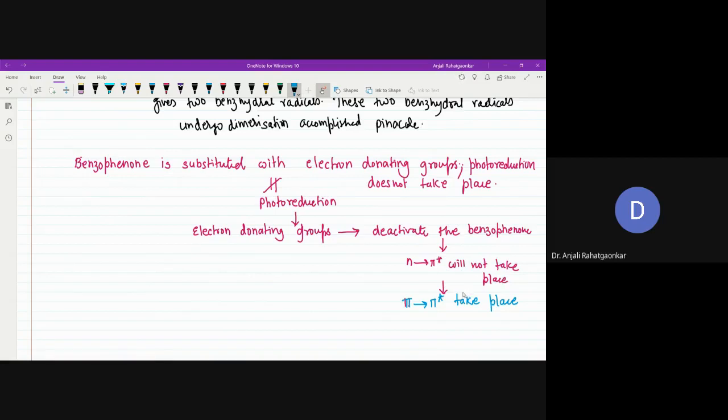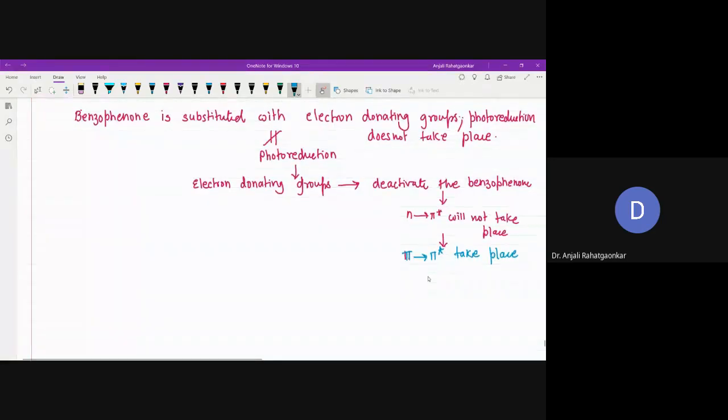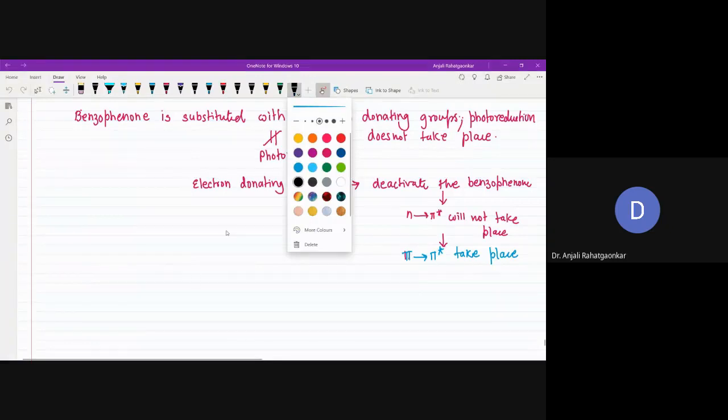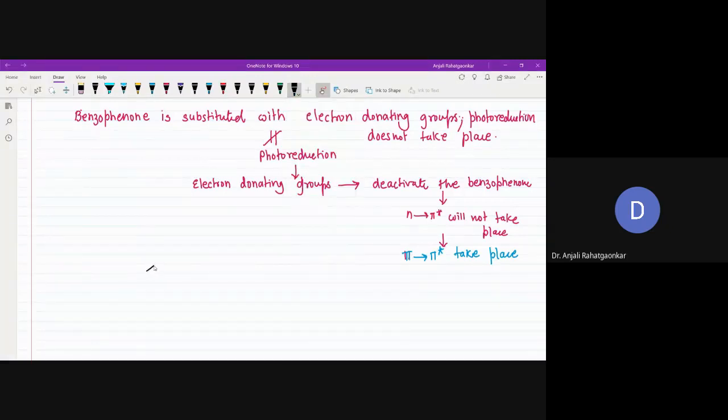Though there are transitions in the benzophenones having electron donating group, which type of transitions can we see over here? So the pi-pi transition will take place in the benzophenones which are with the electron donating groups. So I can explain this as, this is a benzophenone, at the para position, electron donating group, suppose.